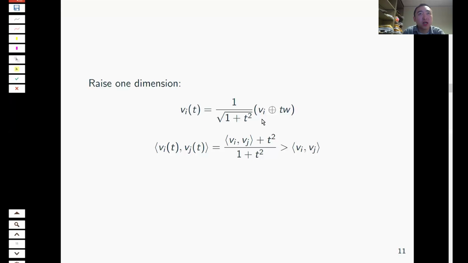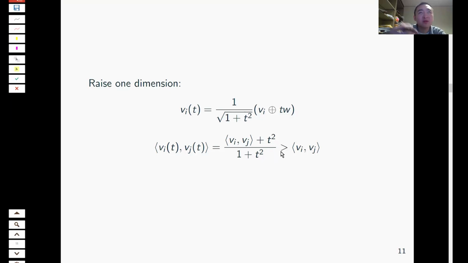We have the vectors vi, and we just add one extra dimension, an extra vector w. Okay, and we do a linear combination and normalize it by adding t. Now we compute the inner product that will be given by this formula, and one can see directly that it's greater than the original vi inner product.